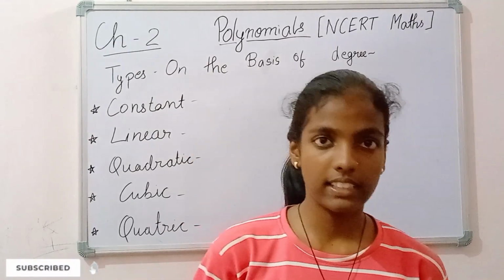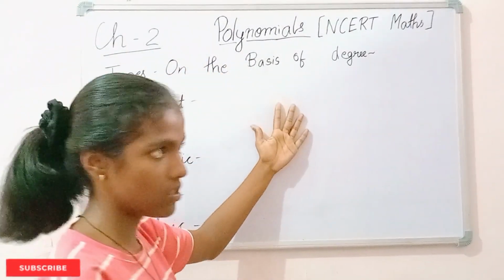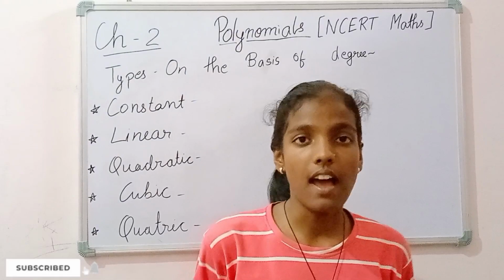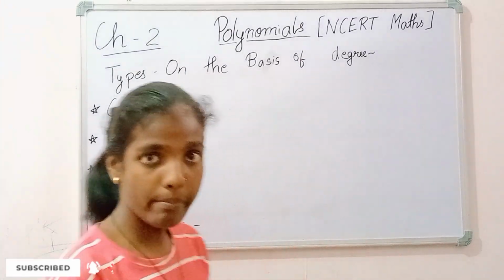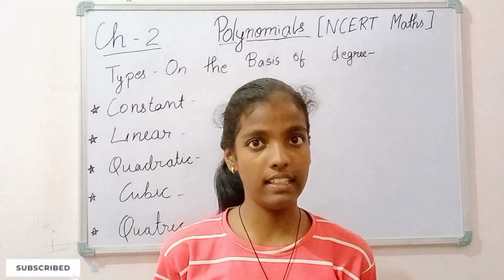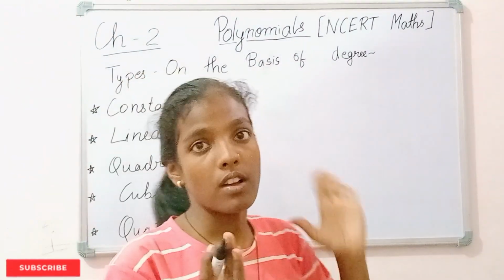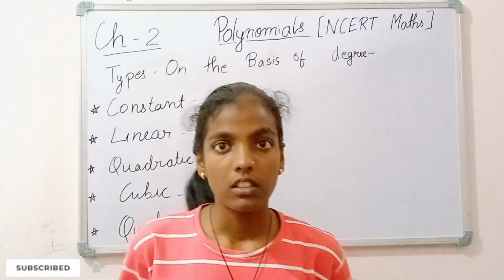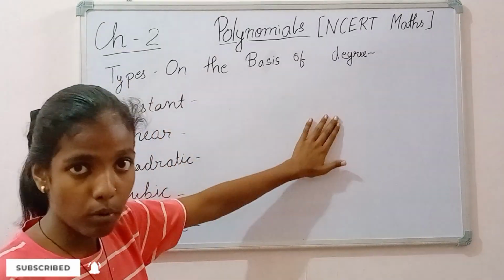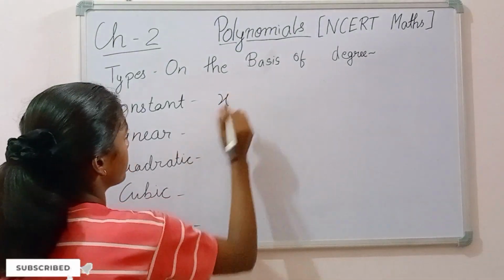Now we are going to understand the types of polynomials on the basis of degree. Degree means highest power. For example, 7 raised to the power 4, so here 4 is the degree. The first is constant polynomial.